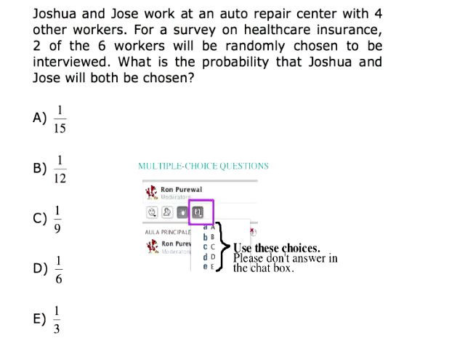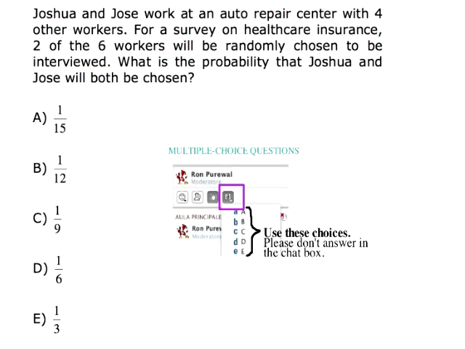Okay, don't forget that's where your multiple choice questions are. Give it a shot. All right, we should be picking an answer pretty soon.